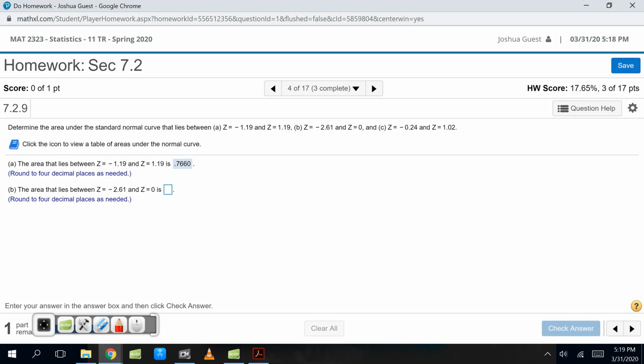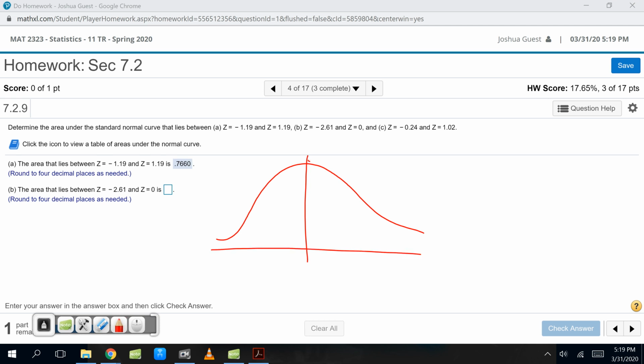The area that lies between z equals negative 2.61 and z equals 0. So here we have this curve. Z equals 0. Look, everything to the left is 0.5. I know that already. Half of it is 0.5. Negative 2.61, I'm going to find this little bit of area right here from my table, okay?